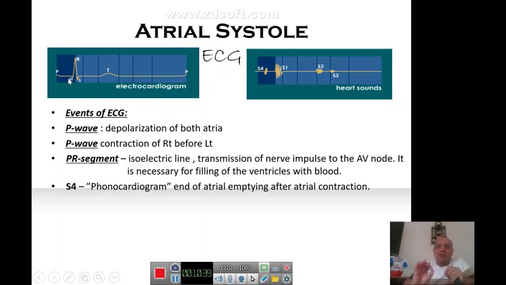This time is very important. It should be less than 0.20 seconds. Otherwise, if it is longer than 0.20 seconds, we are talking about cardiac block. Cardiac block is a kind of cardiac disease and very important. We have to treat it if it's available.